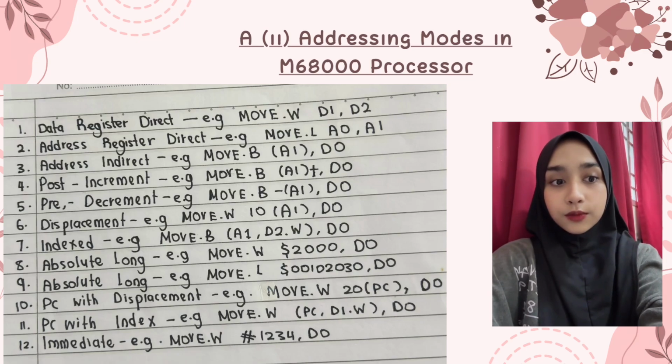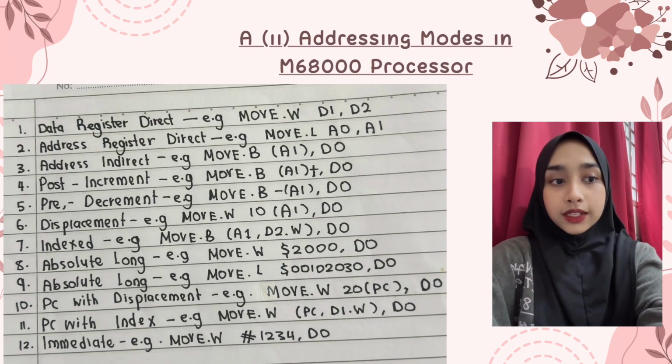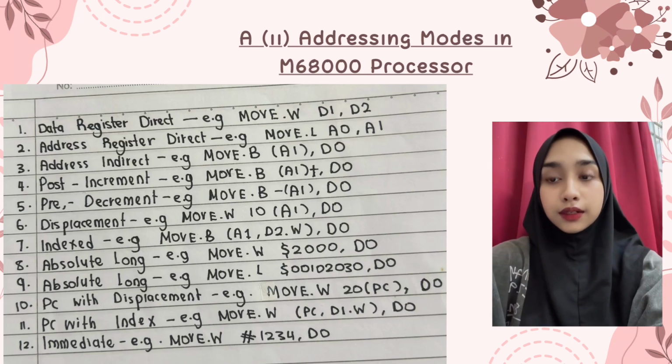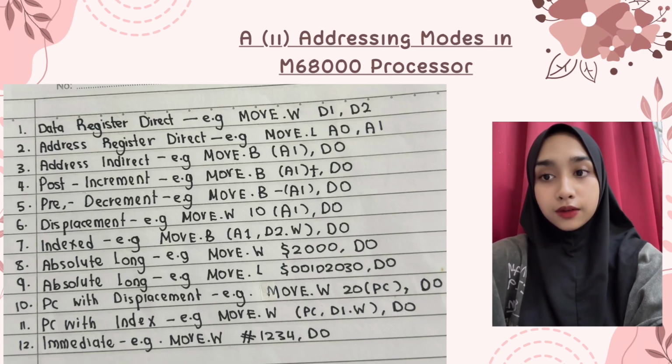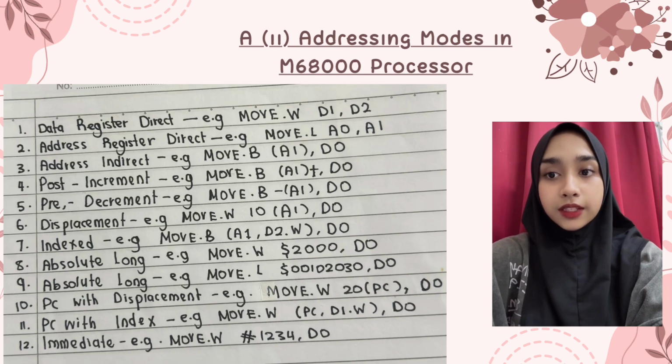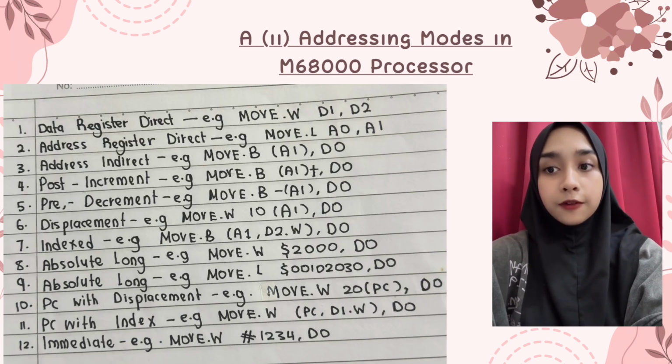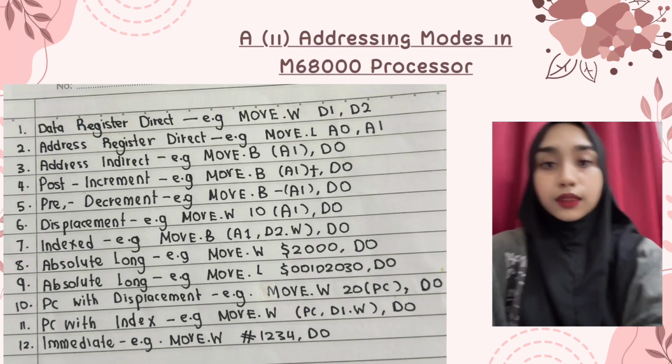Some common ones are data register direct, where data comes straight from a register like D0. Secondly, address register indirect, which uses the address stored in a register, for example A0. Next, post-increment and pre-decrement, which automatically adjust the address before or after accessing memory.